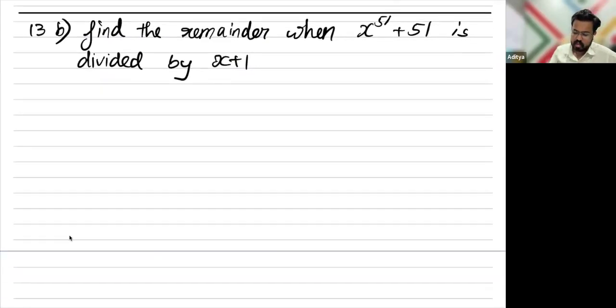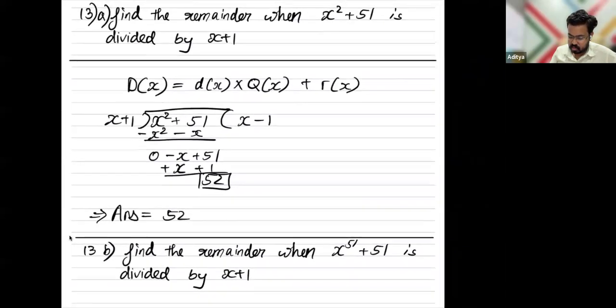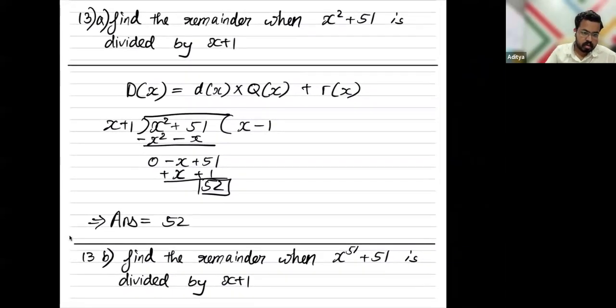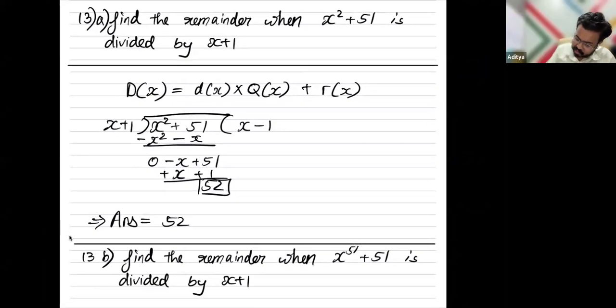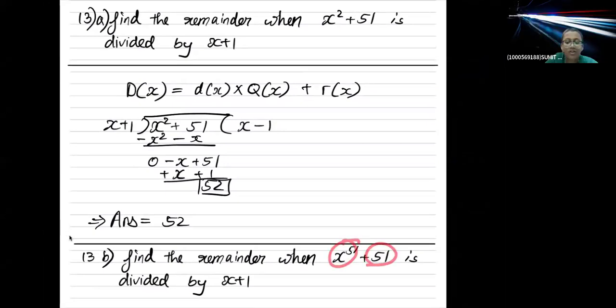What would you have done in that scenario? Okay. Few of you know the method. Harshit, Jeevna, Alok, Sanyu, Vedang, correct answer. Arav, correct. Sir, what is the next question? Next question is x to the power 51 plus 51 when divided by x plus 1.